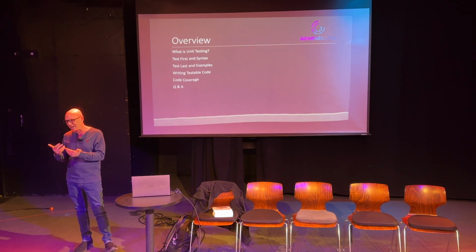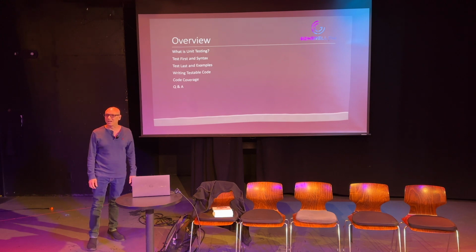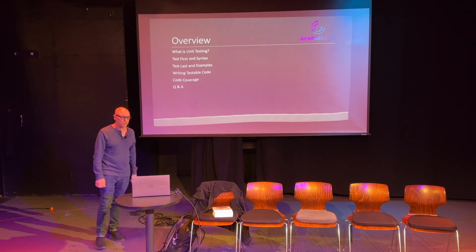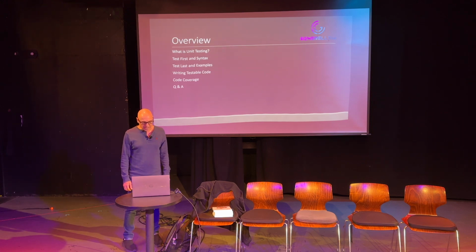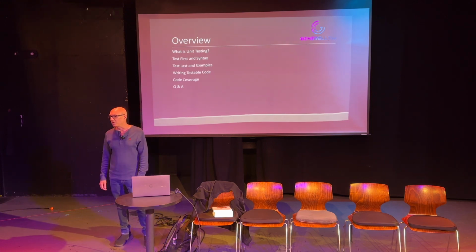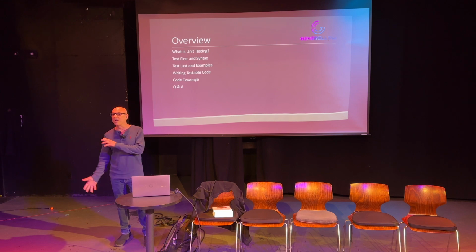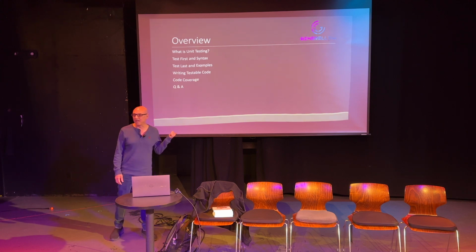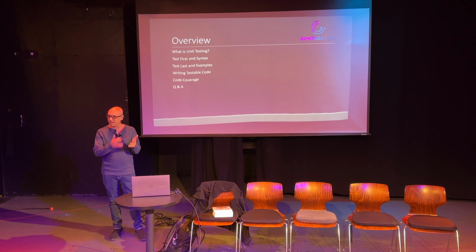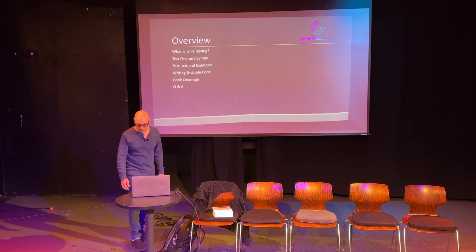So if you're going in afterwards and trying to write unit tests, it's going to be kind of hard. So I'm going to explain a few concepts about writing testable code. And then we'll look at something called code coverage, and discuss how that helps us with unit testing, and maybe some pros and cons of that. And I'll follow up with some Q&A. And I've got a slide at the end showing you where to find the code and the presentation slides.